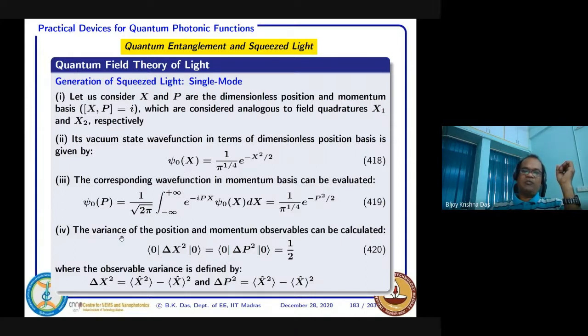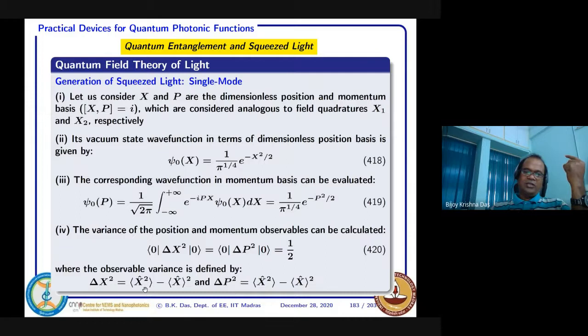Now, if you try to find the variance of position, we know that for the position operator the variance is defined like this, and the variance in momentum is defined like this. I think in equation number 48 or something like that, we expressed it, right?